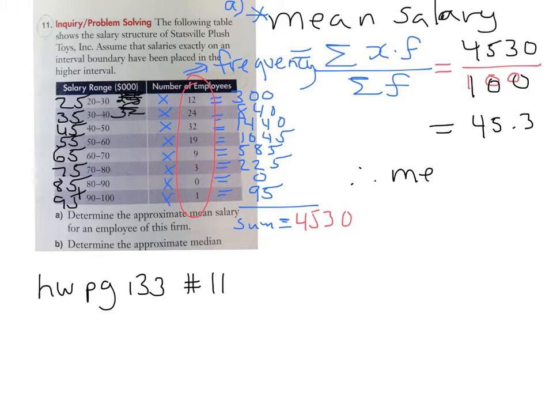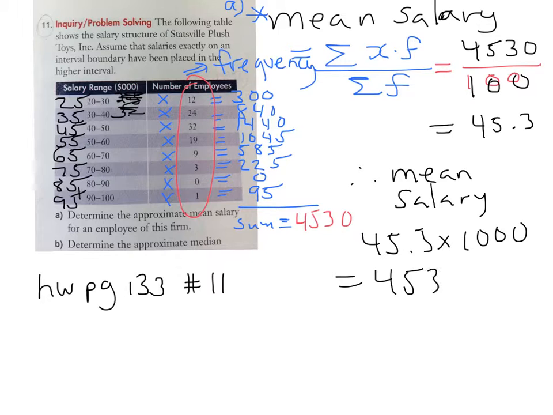Therefore, the mean salary for this company is 45.3 times 1,000. So $45,300. So about $45,000 is the mean salary.